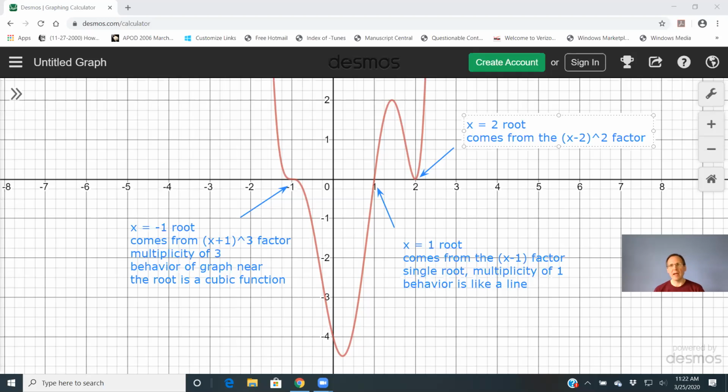If we set x minus 2 squared equal to 0 and solve it, we're going to get x equals 2 and x equals 2. We get a double root. You could say it has multiplicity of 2. And what does it look like? Well, it looks like x squared, which is a parabola, a quadratic. So the behavior is like a quadratic.